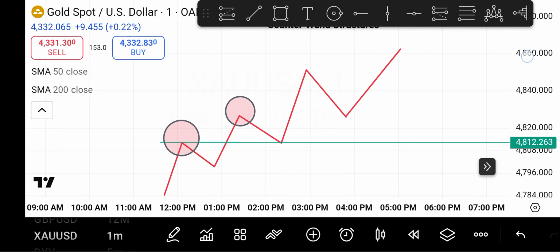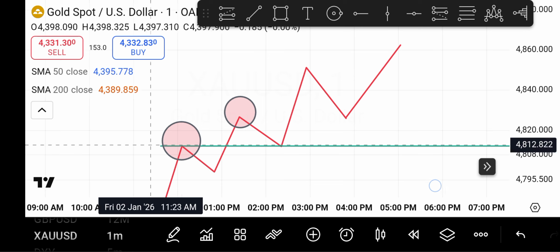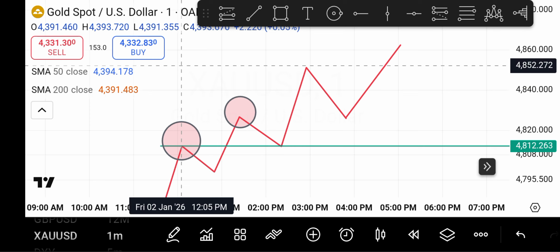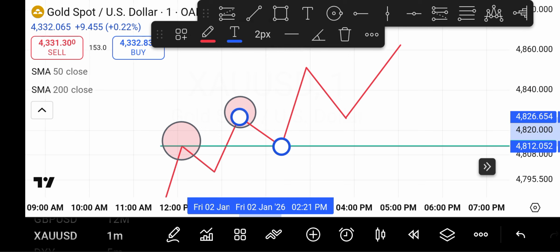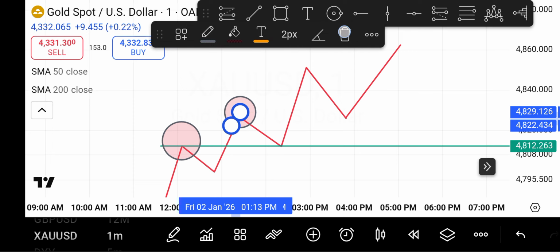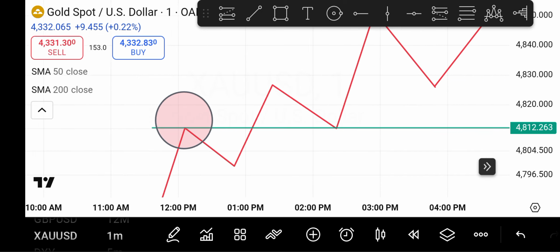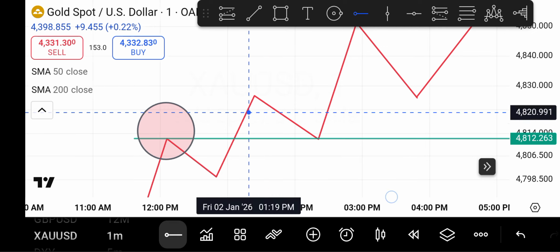When the price closes above the previous high, which is the first high, I will put a 2 there. So when the price closes above this high, I will put a two. I put a vertical line here, like this.